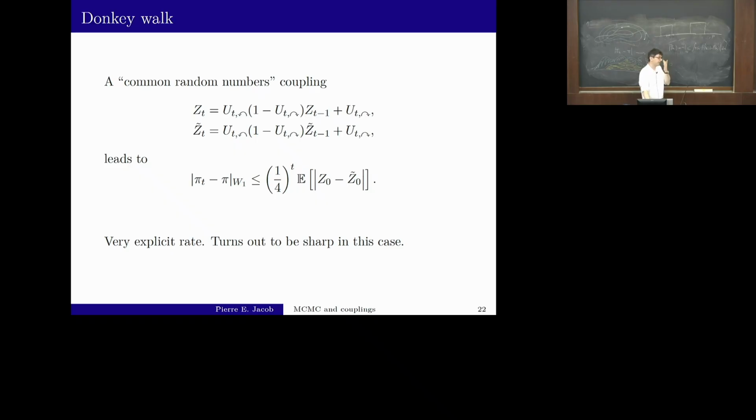And then if you look at the expected distance, you find that the expected distance at time t, so I'm going to call it delta_t, is equal to the expectation of u_t left times (1 minus u_t right) times the distance at the previous time.